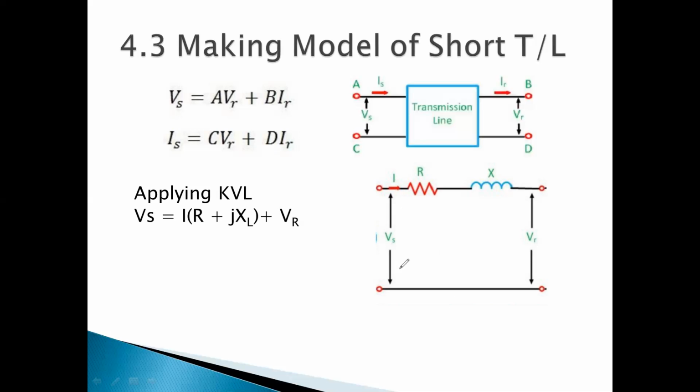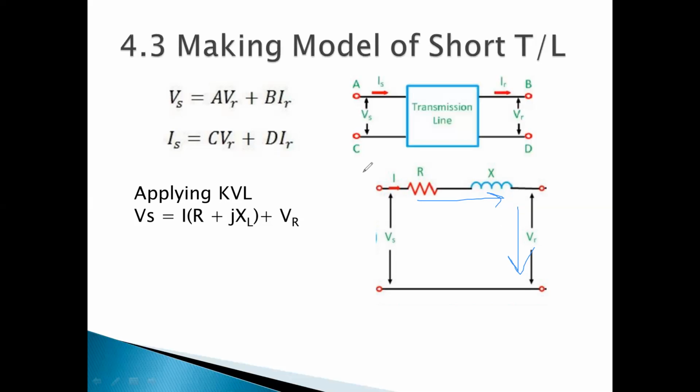Here this is a voltage rise, because this is the sending end voltage, and this is a voltage drop, and this is also a voltage drop, because the transmission line drops the voltage. This is the load, it also drops the voltage. We have two drops over here and one rise. So voltage rise is equal to voltage drop. This is KVL. Voltage rise is Vs, and voltage drop is Vr plus the drop across these two components.